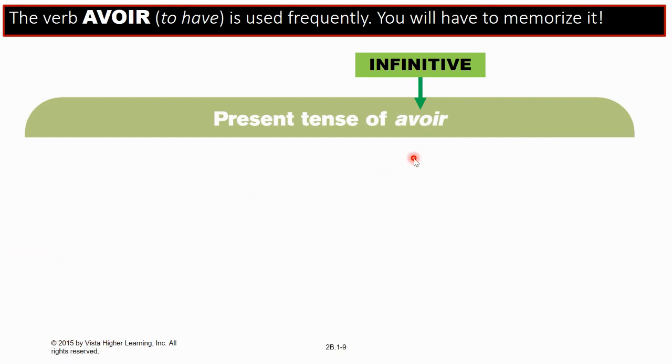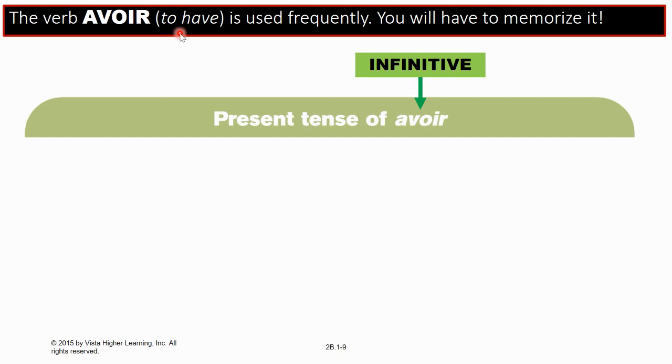An infinitive means that it's the plain form of a verb. So to have in English is the infinitive. When you make a sentence, for example, you say, I have a pen. The verb to have is conjugated in that sentence.